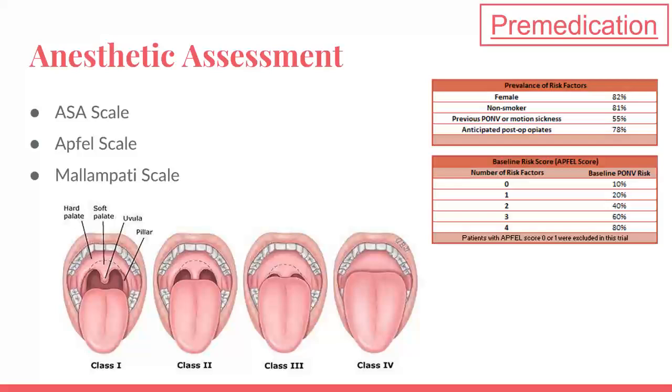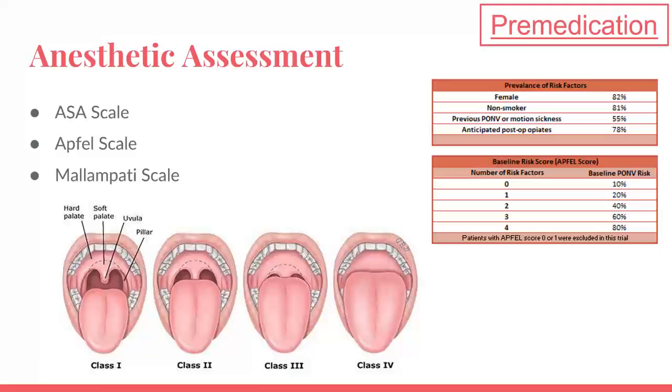The Mallampati scale actually assesses how much of the soft palate we can see. In grades 1 and 2, we see the palatal arch and the base of the uvula. In grades 3 and 4, this visibility is significantly reduced, as you can see in the picture. Grades 3 and 4 indicate that we can expect difficult intubation.